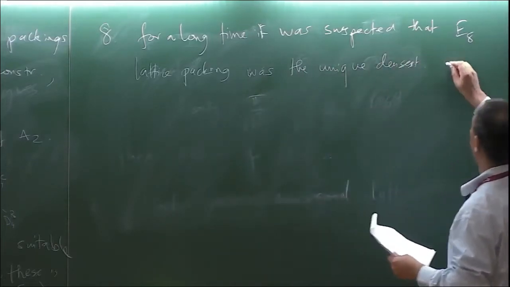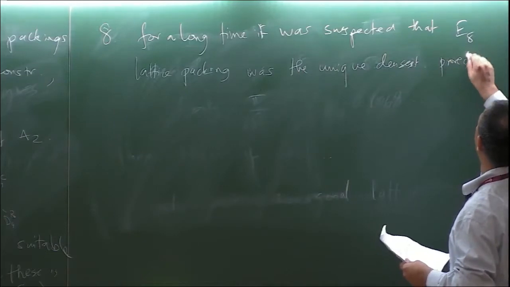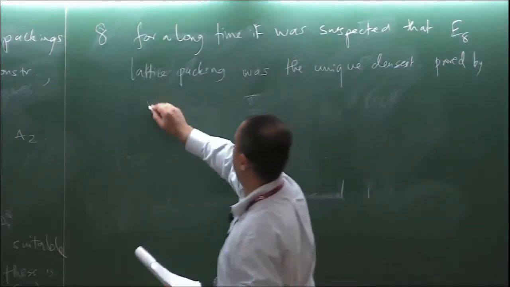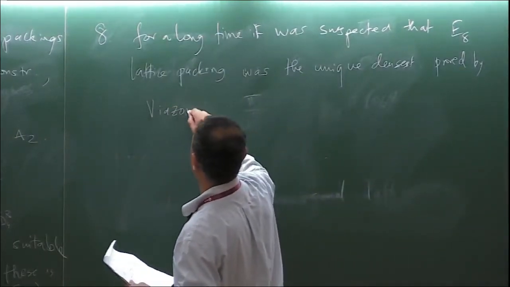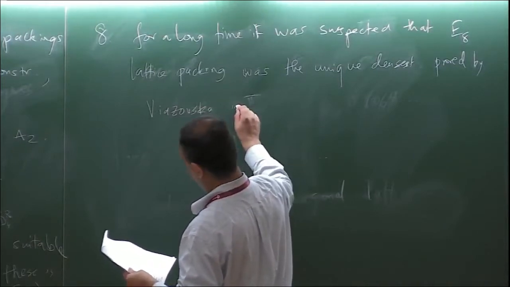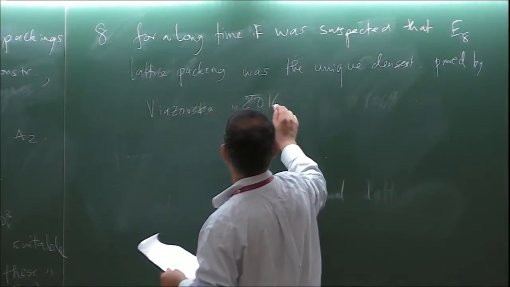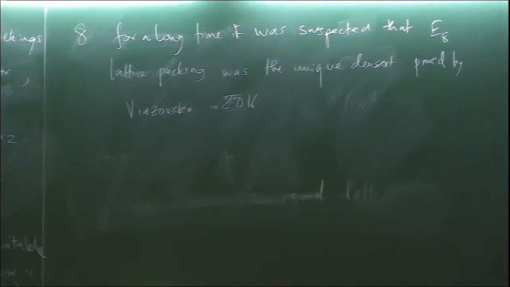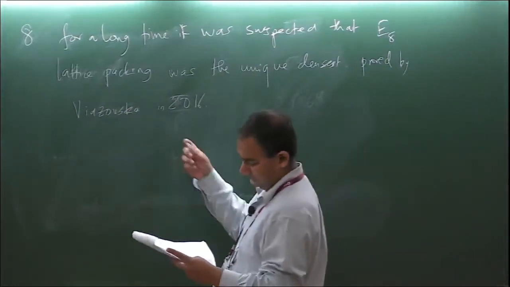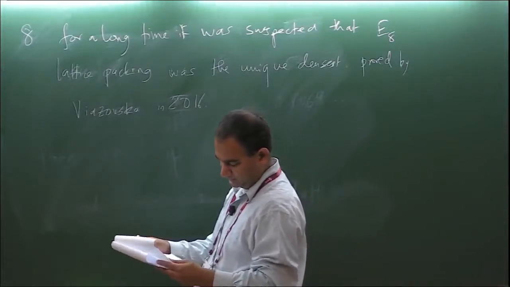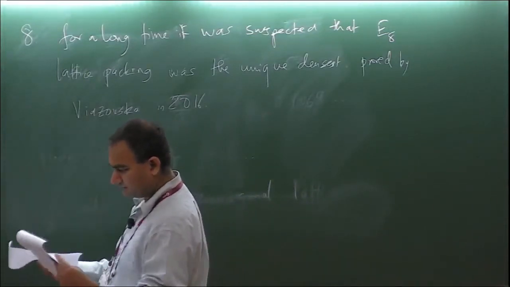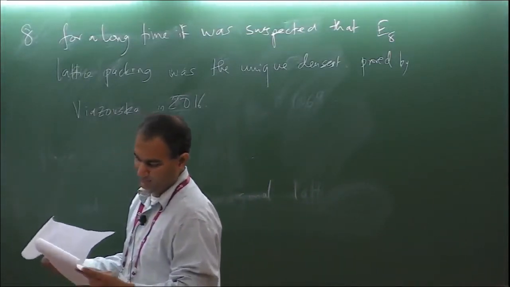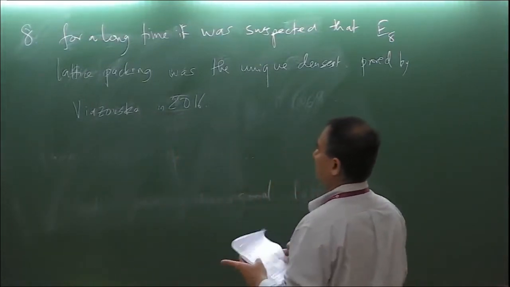So this was finally proved by Viazovska. Okay, so that's one of the recent breakthroughs. It actually proves that this is the densest sphere packing in 8 dimensions. Let me just say a few more words about interesting things that happen.